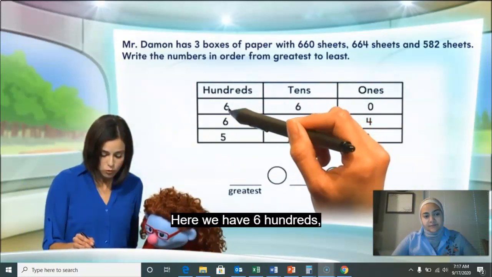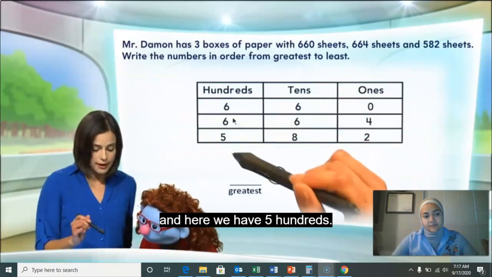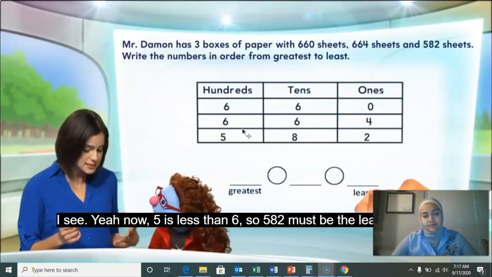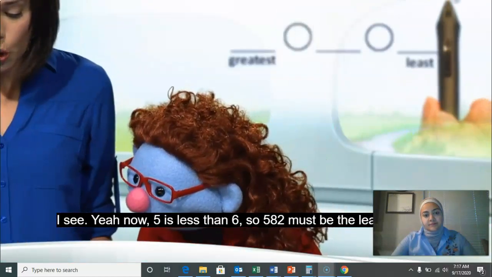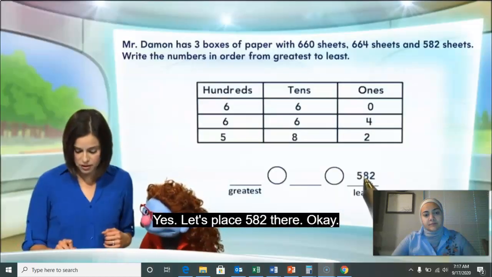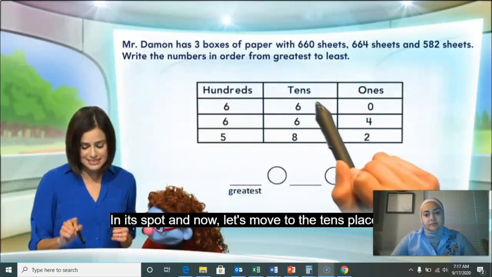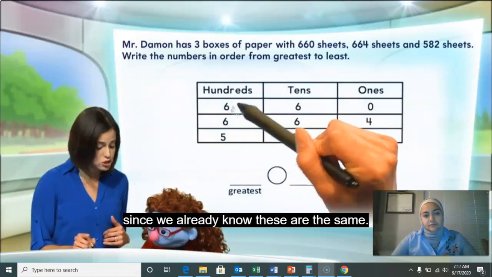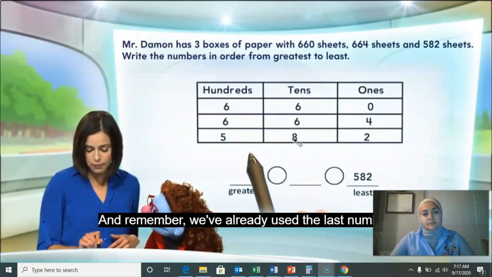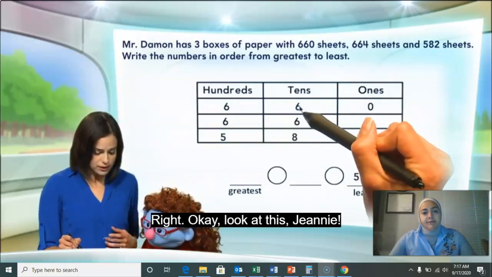Here we have 6 hundreds, and here we have another 6 hundreds, and here we have 5 hundreds. Now 5 is less than 6, so 582 must be the least number. Let's place 582 there in the spot. Now let's move to the tens place since we already know these are the same. And remember, we've already used the last number, so we're only going to look at these 2 rows.